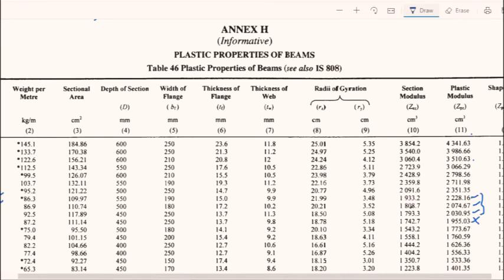So among these three sections, the section with the largest depth would be the most suitable section, that is ISLB 550, whose section modulus ZP is equals to 2228 centimeter cube, that is 2228 into 10 to the power of 3 mm cube for ISLB 550. So this is the section I am selecting.